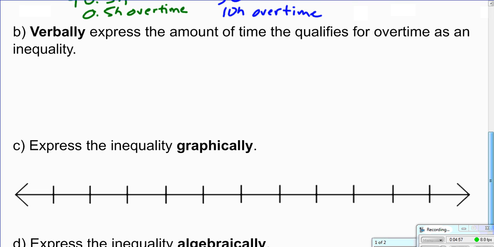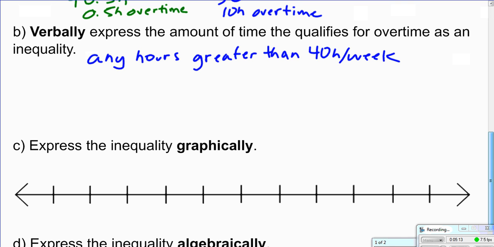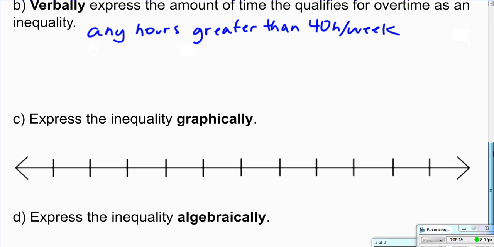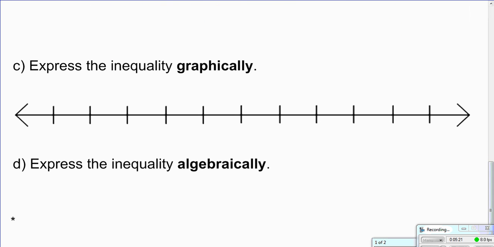The way that we would say this is any hours over, so greater than 40 hours per week. Then we're going to show it graphically, and noticing that we're only using a number line now instead of a coordinate grid.